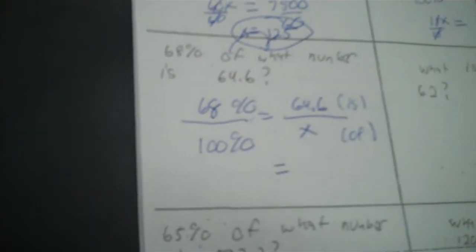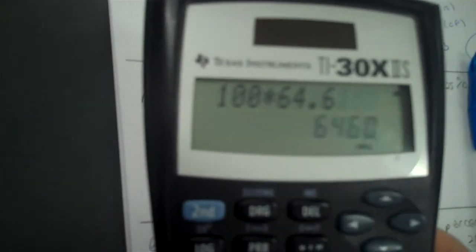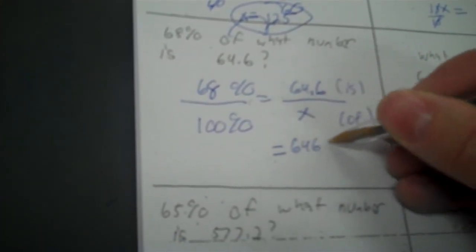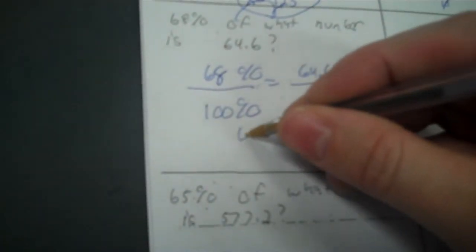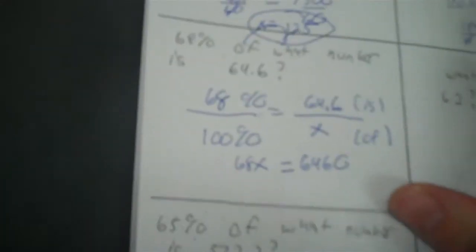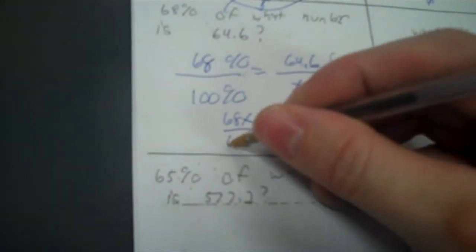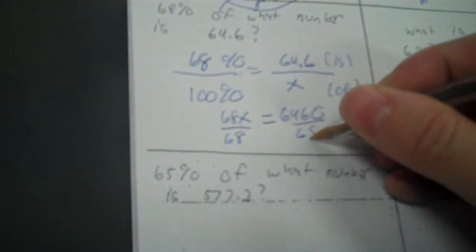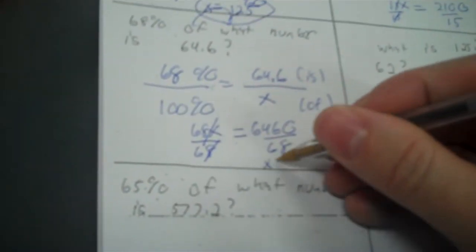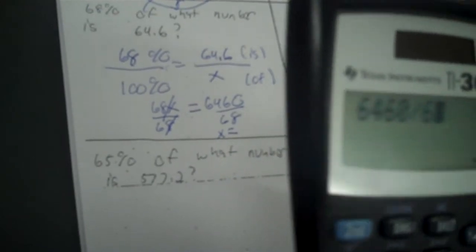So I take 100 times 64.6, 6,460. And that times that, 68x. So 6460 divided by 68, 95.